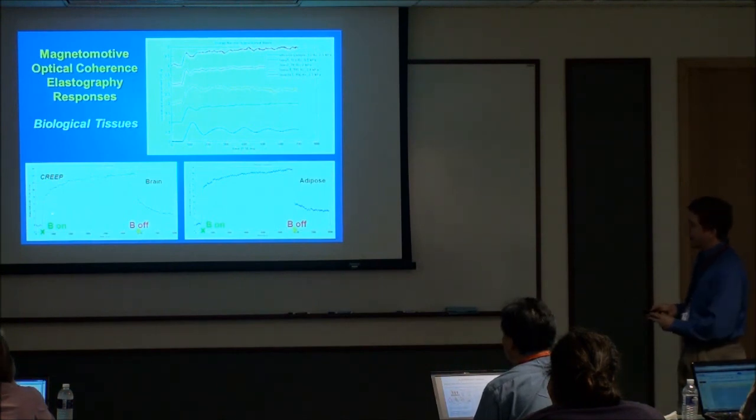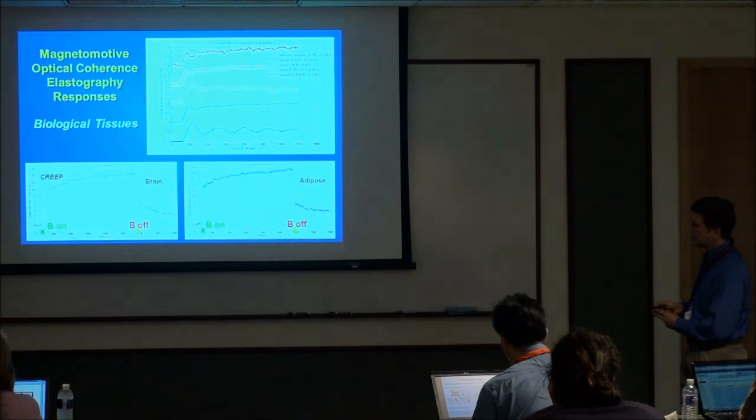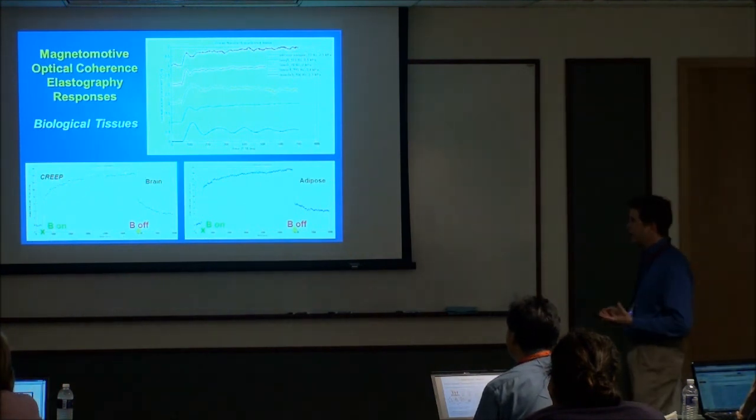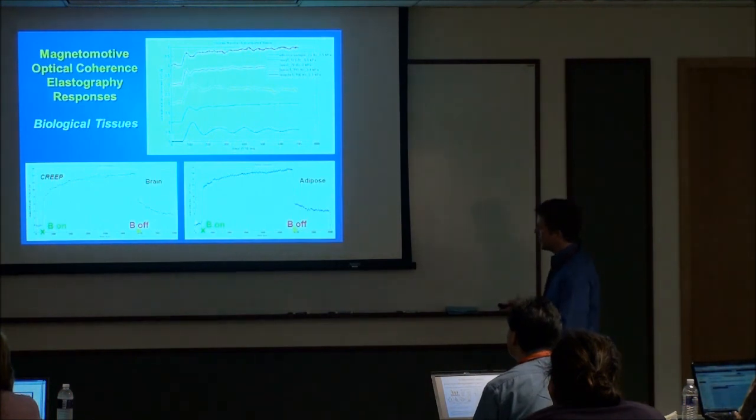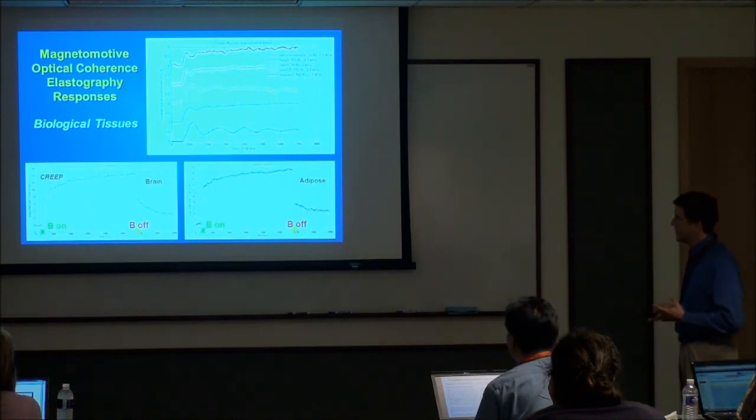That's essentially what's happening here. If we turn on our field, we see these particles move, but then there's this slope, which is indicative of creep as that field is still applied, and then we switch it off. So we're starting to look at how we can measure creep of different tissues with this technique.